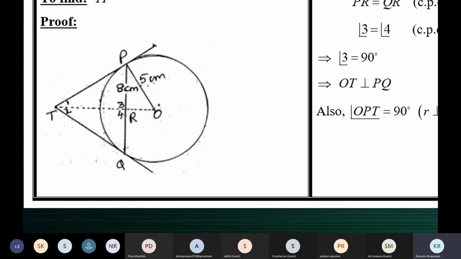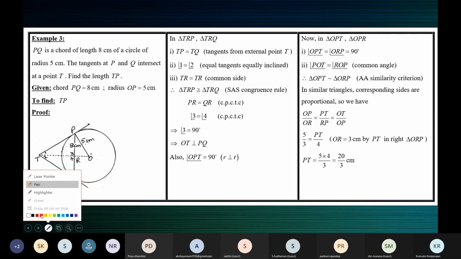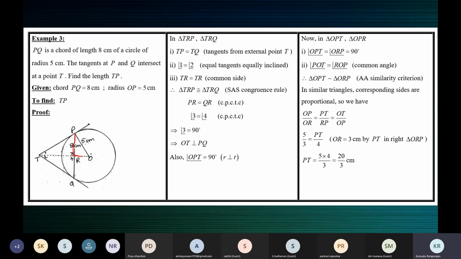If I zoom in, I cannot annotate, so let me do this. Children, I'm explaining from behind. Listen, prove that this small triangle is similar to the whole triangle.